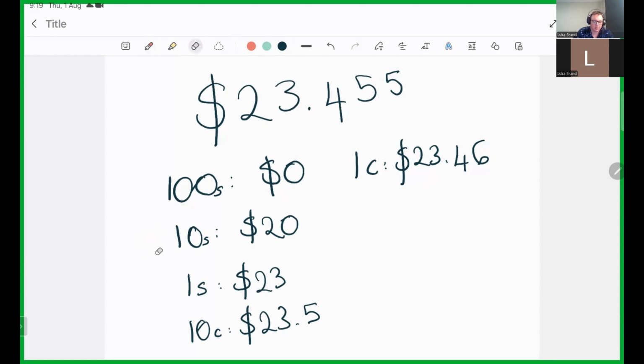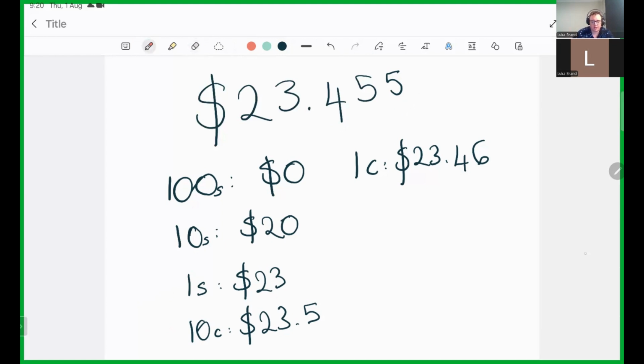When I was rounding to the nearest 1, I looked at this number here. Rounded to the nearest 10 cents, we looked at this number here. And then when we were rounding to the nearest 1 cent, we looked at this number here. So you would be absolutely correct.